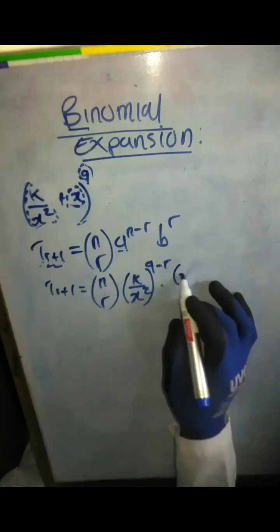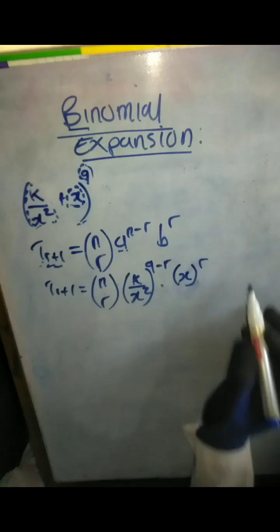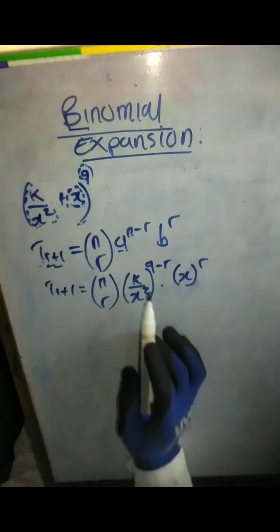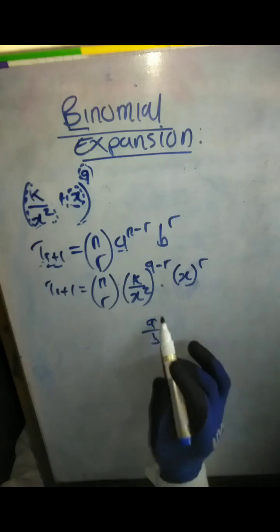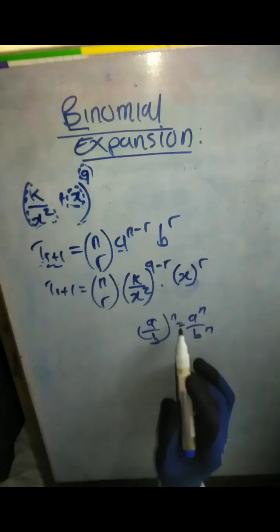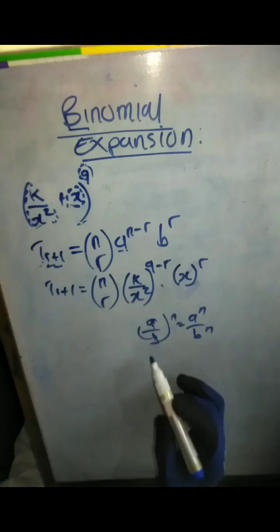So our b is x to the power r. In this case now, according to the laws of indices, if you have a over b to the power n, this is a to the power n over b to the power n. This n distributes to the powers of these too.